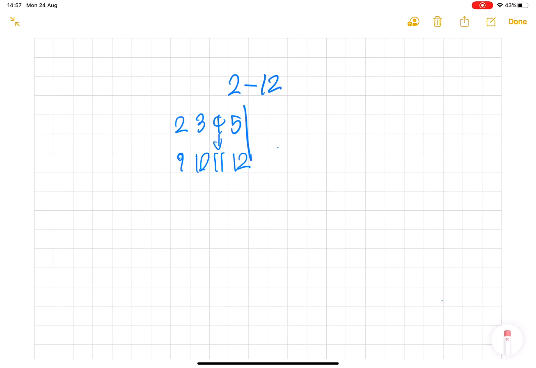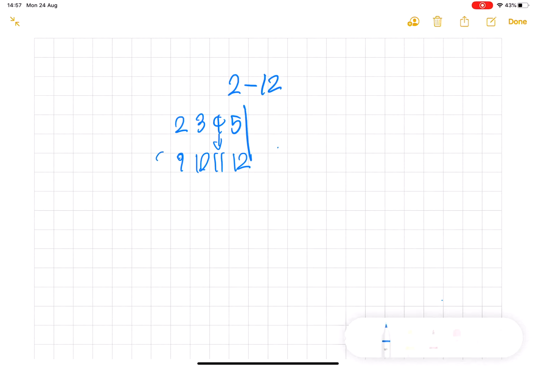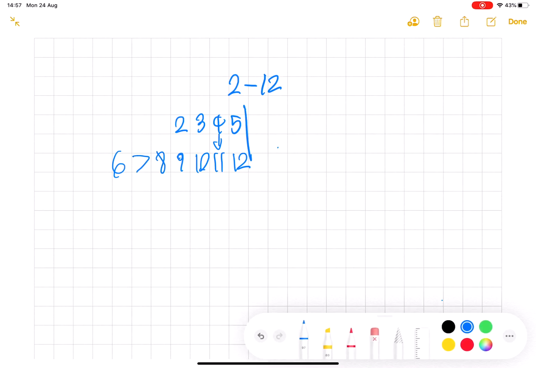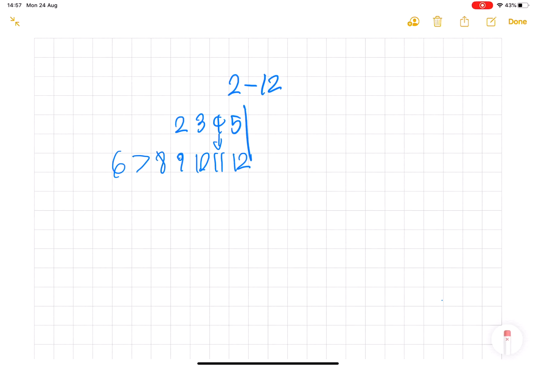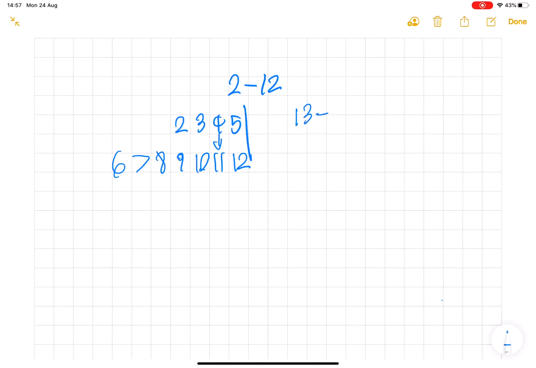Now since you get every number right, oh yeah, I forgot 8, 7, and 6 too. Since you get every number right, it will be easier for you. But if you have other numbers like 13 to 25, I have to post this in another video because this video is getting too long.